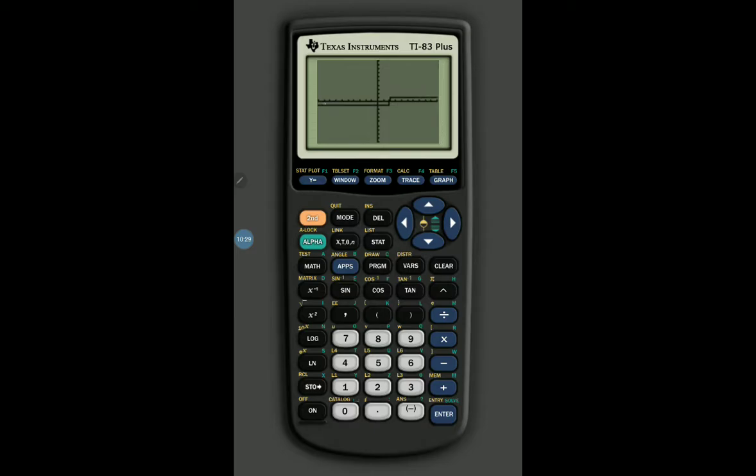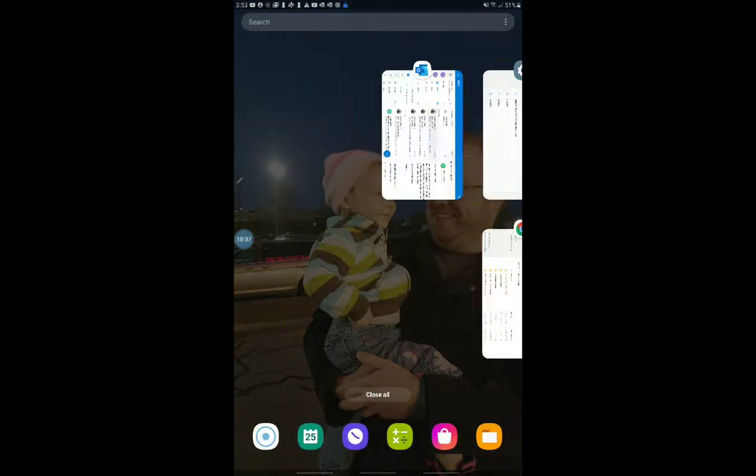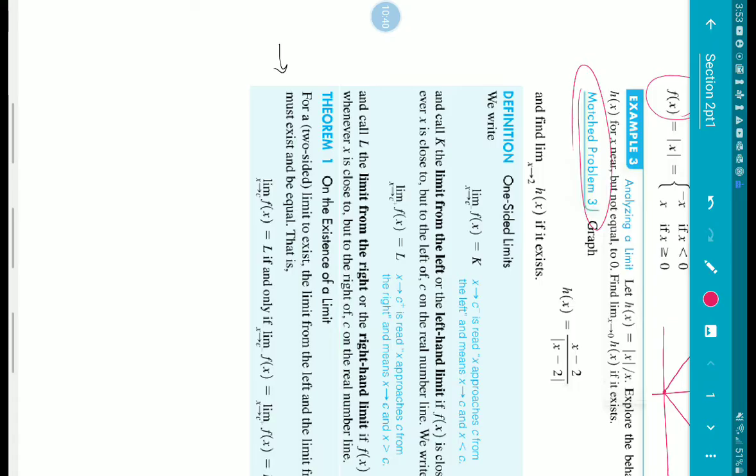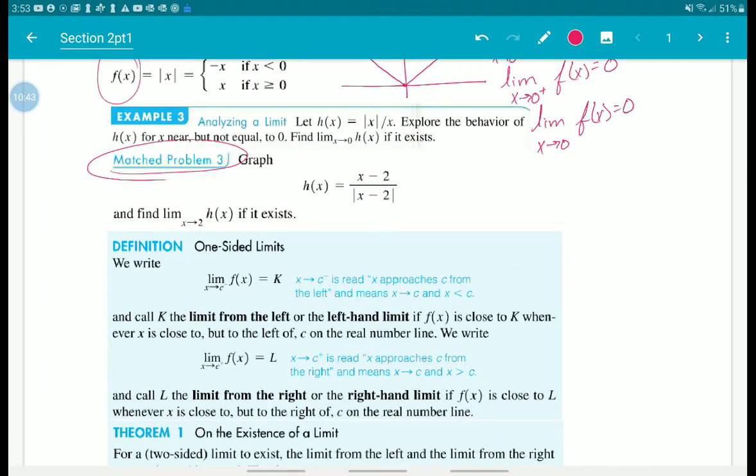So if you look at this, you see this line here, and then it jumps up here. So I'm going to draw just a sketch of that back on my notes. And then over at 2, it does the same thing.